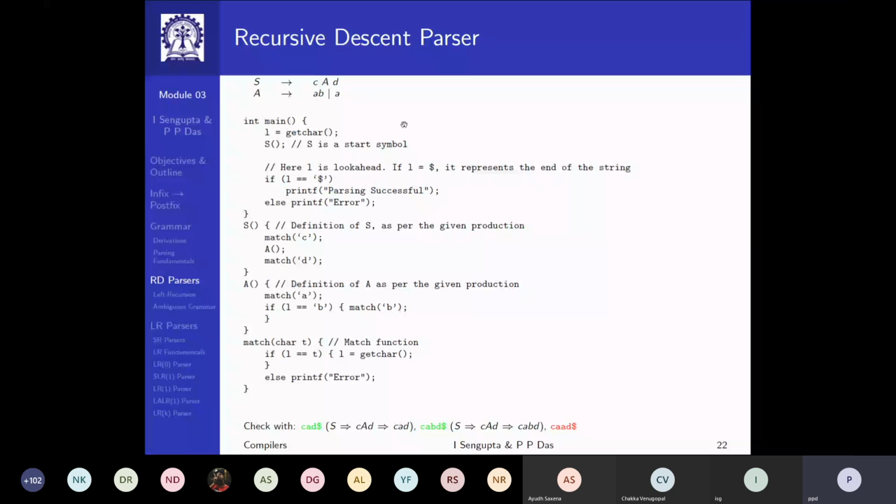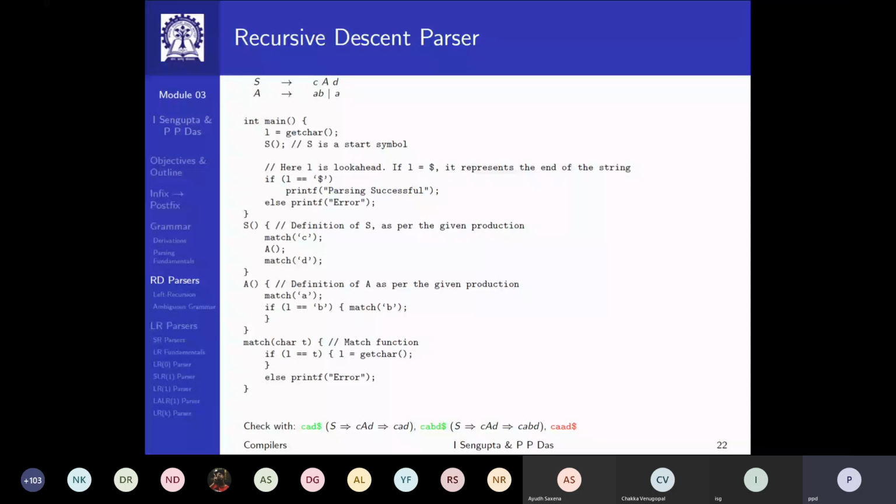So that is a simple grammar which has a language of finite size. What you do here in the recursive descent parser is very simple. You need to do a leftmost derivation.